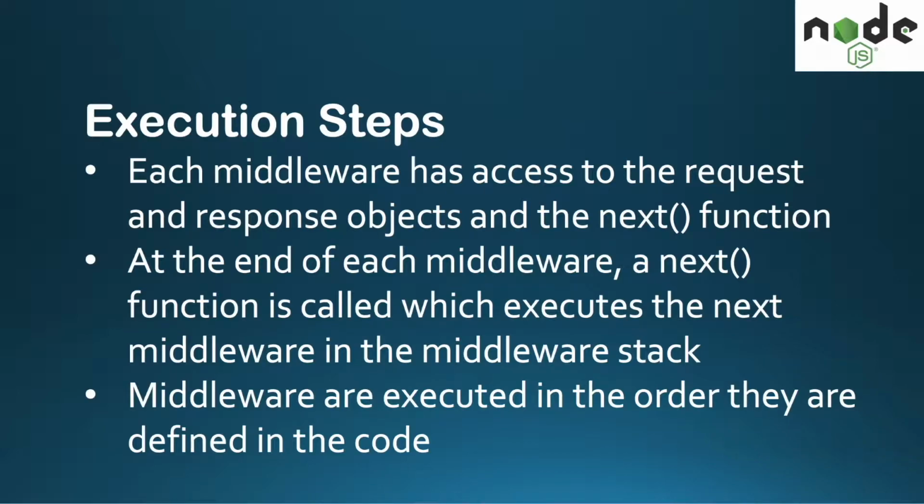So there could be many middlewares that we have defined. At the end of the execution of any middleware, we will call the next function, which will then execute the next middleware. Middleware are executed in the order they are defined in the code. So in the order that we define them in the code, that is how they will be executed.